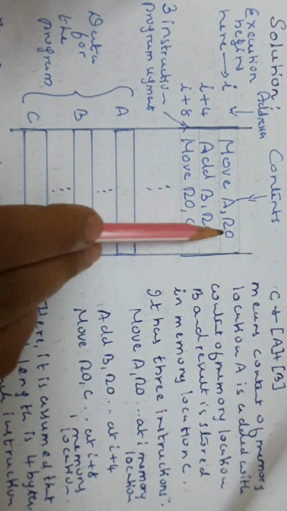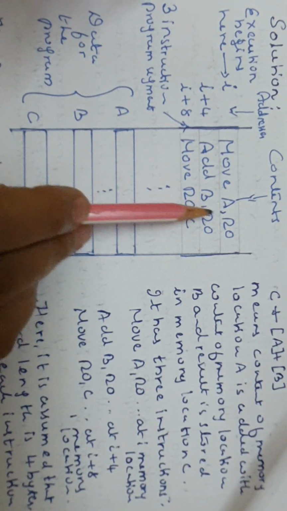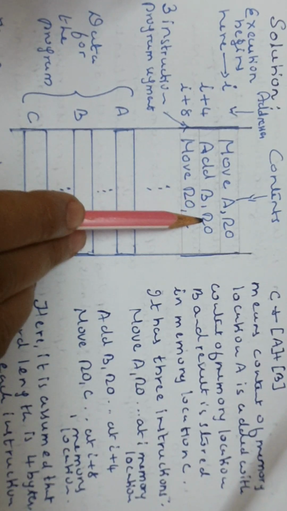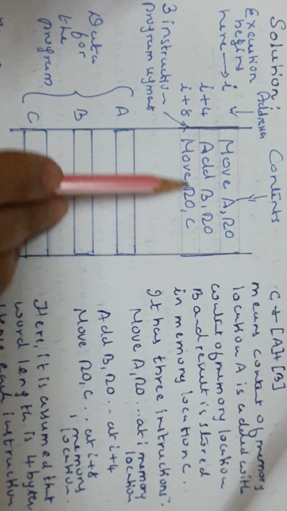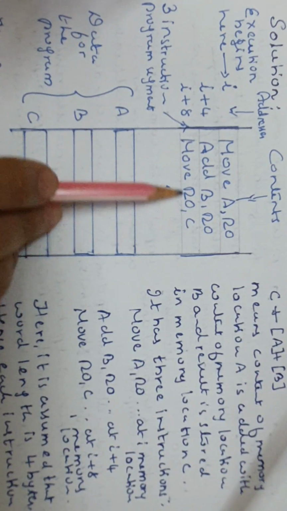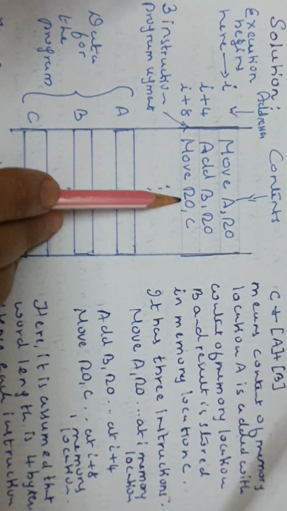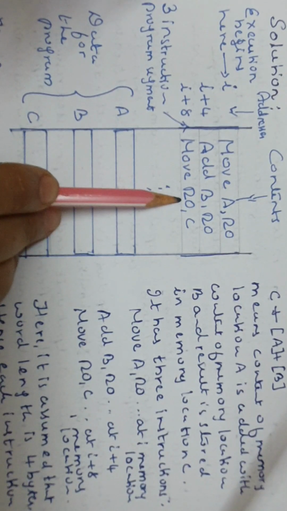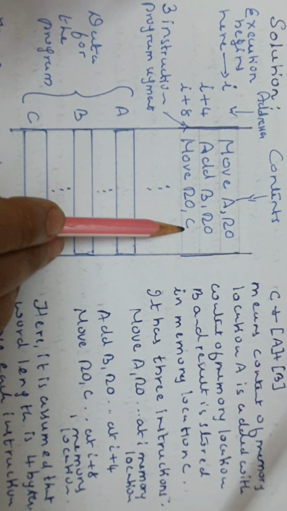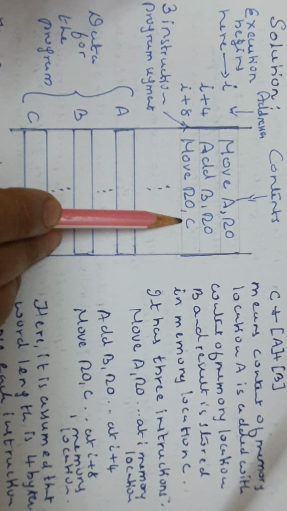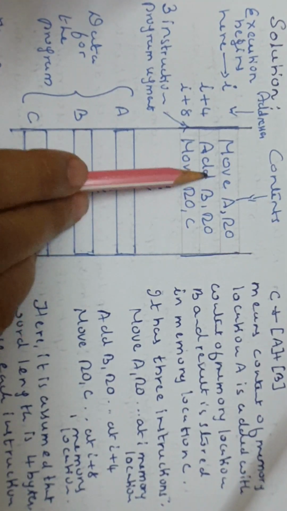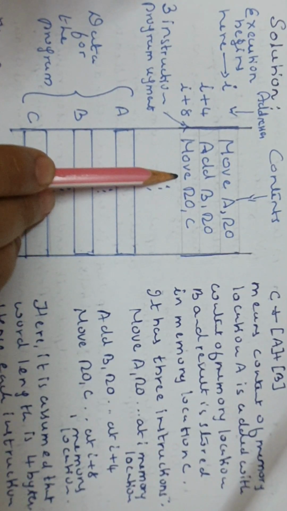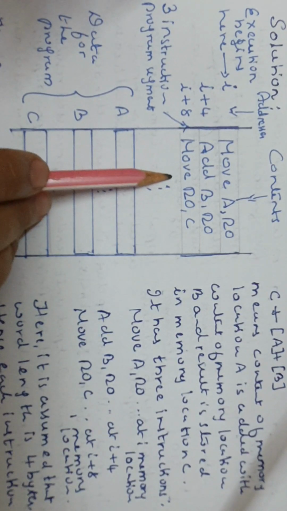R0 already has A stored, hence B is added with A and the result is kept back in R0 only. Move R0, C. It will copy the content of the R0 register, which is A plus B, to memory location C. So this is the sequence of execution of these 3 instructions, and when executed they give C equal to A plus B.